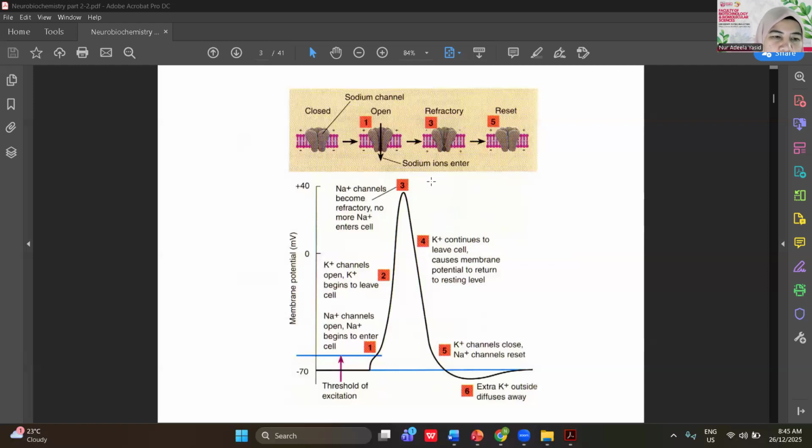At the peak of the depolarization, sodium channels become inactivated, or refractory, preventing further sodium entry. Now voltage-gated potassium channels open, initiating the repolarization phase.